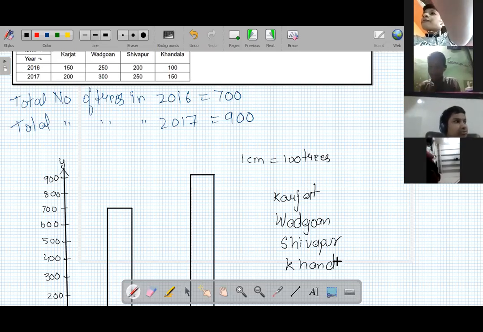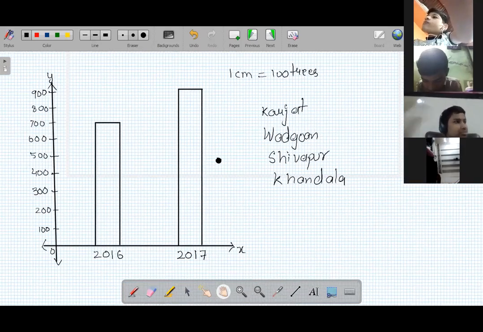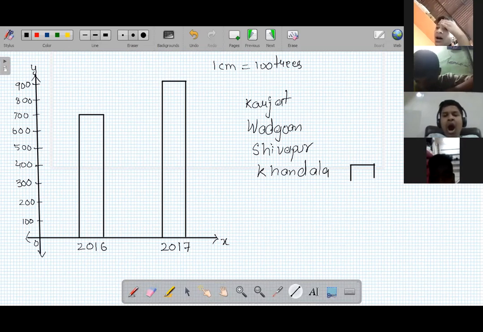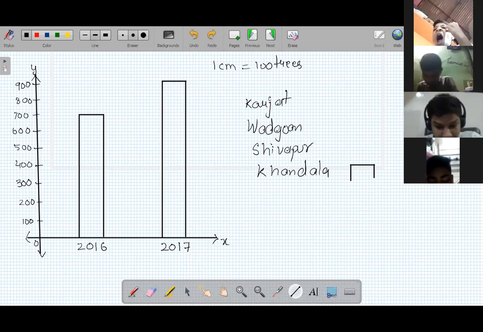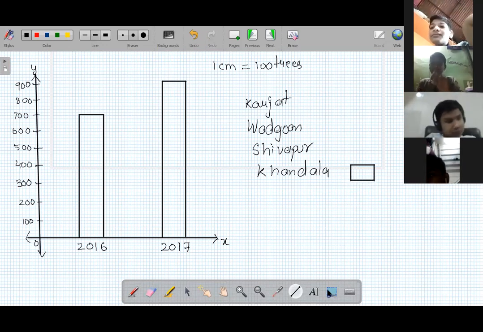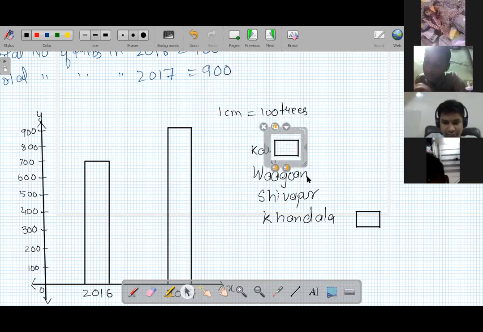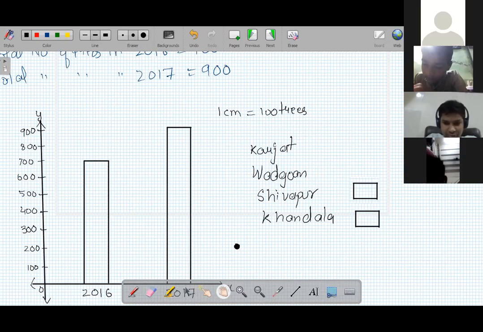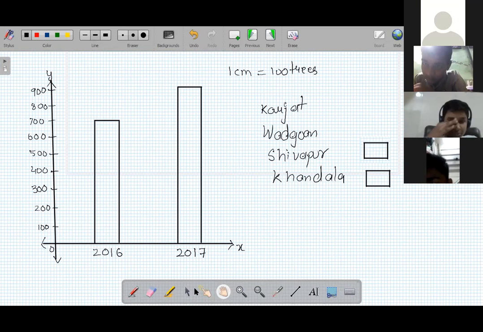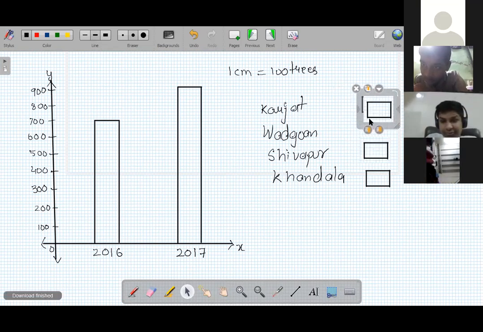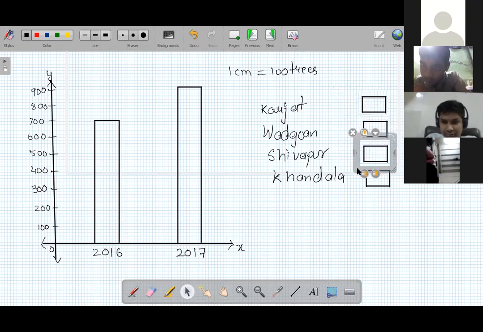Now we'll give different patterns for it. Karjat will leave it blank.